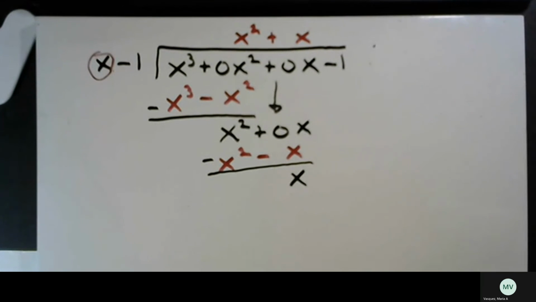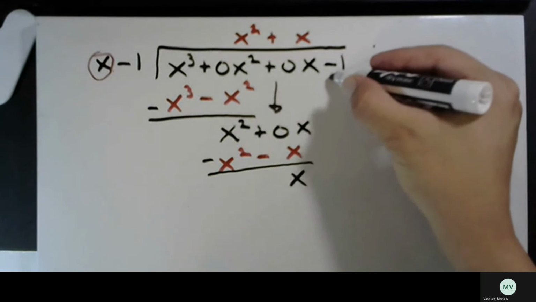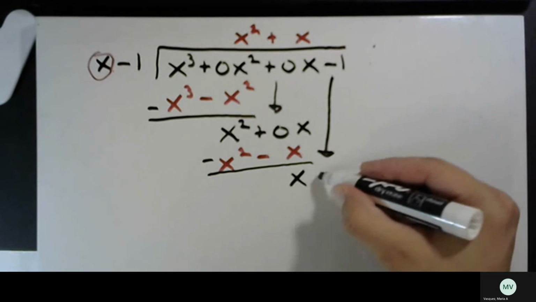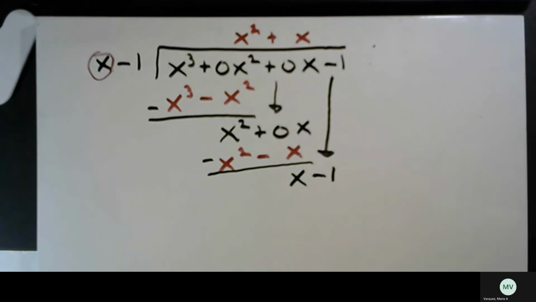And then we bring down the last term. And that's the end of our second cycle. And so this one's going to go 3 cycles instead of 2. And we have 1 cycle left, that third cycle.